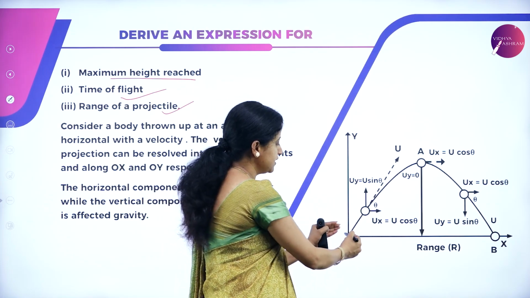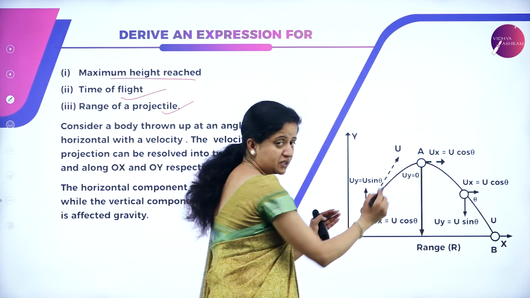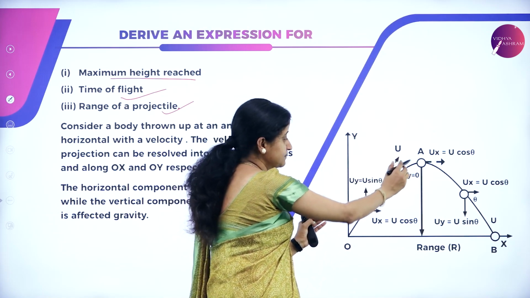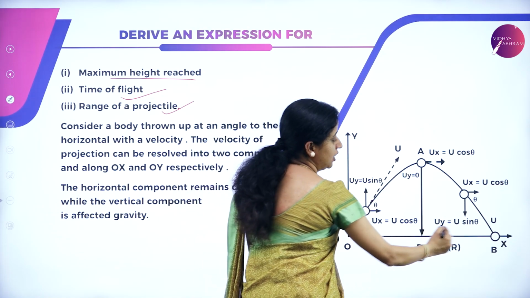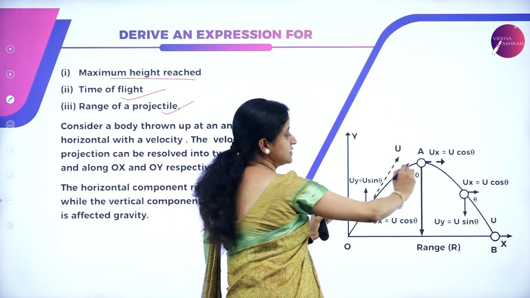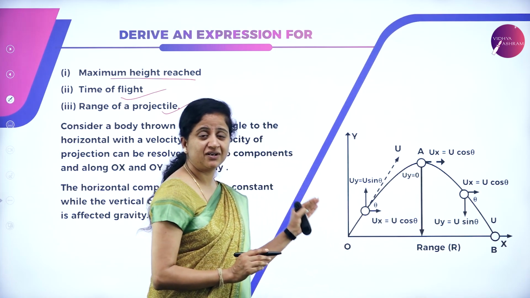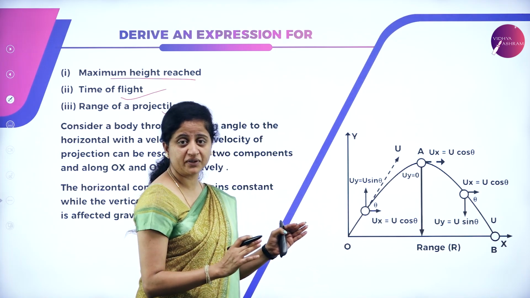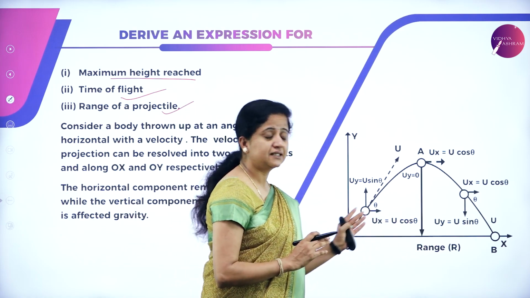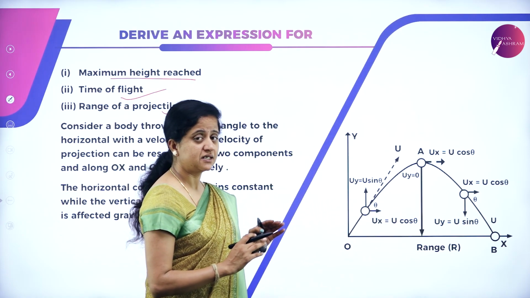Here, from the origin, the body is projected into space. It has both horizontal and vertical motion, so the velocity is resolved into two components, one along the x-axis and the other along the y-axis.